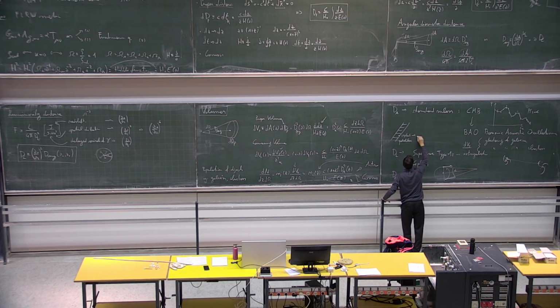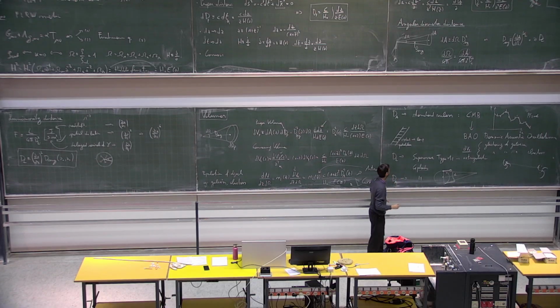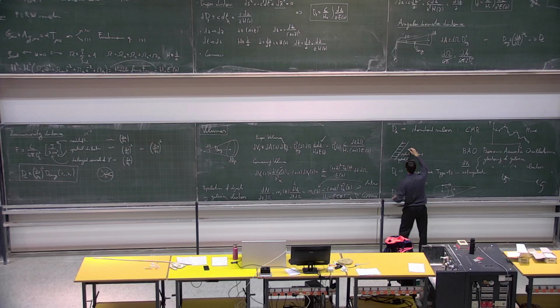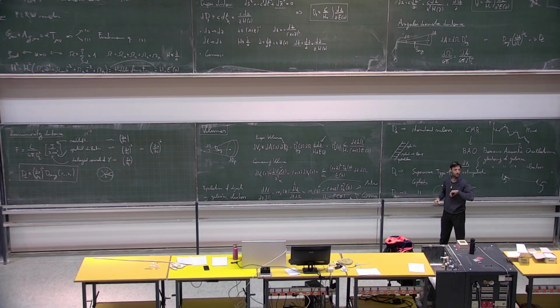And this is a lamp. That's our standard candle. Then we can go further away and have another Cepheid. Maybe it's in another galaxy. But now we don't need the parallax anymore, and we cannot even use the parallax because it's too far. The angle is too small.